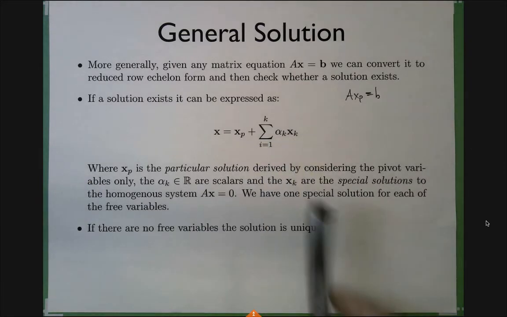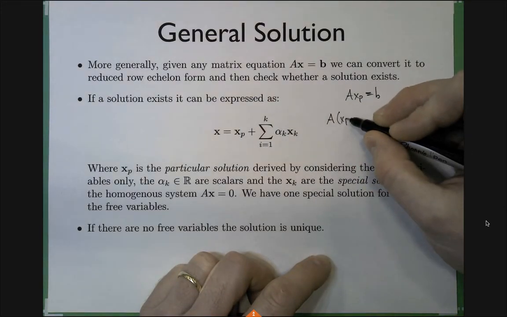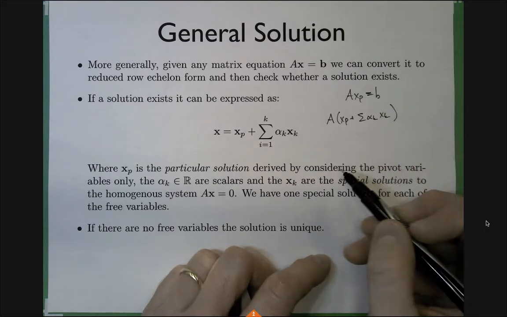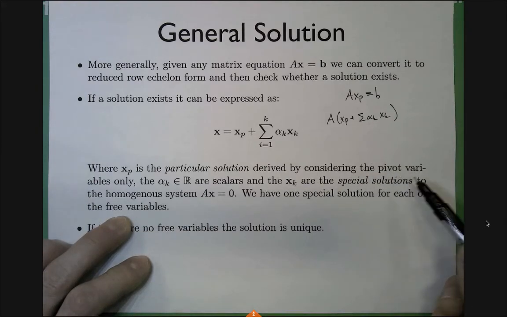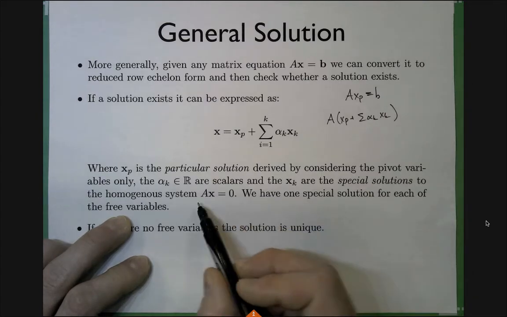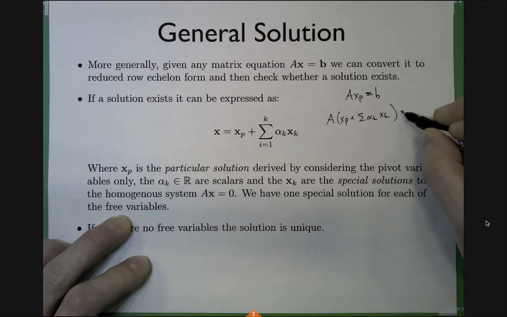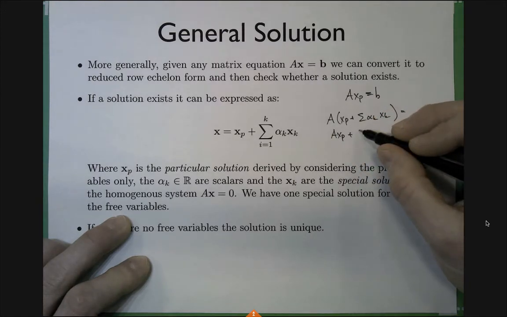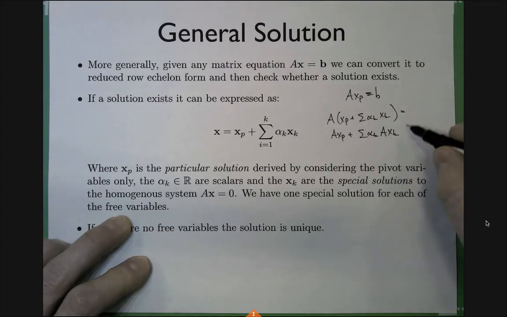If I now apply A to xp plus the sum of alpha k xk, where the xk's are my individual special solutions, those are the vectors you were asking how many of them I have. Those are the solutions to the homogeneous system. Special solution means solution to the homogeneous system. Because everything is linear, I get A xp plus the sum of alpha k, A xk.